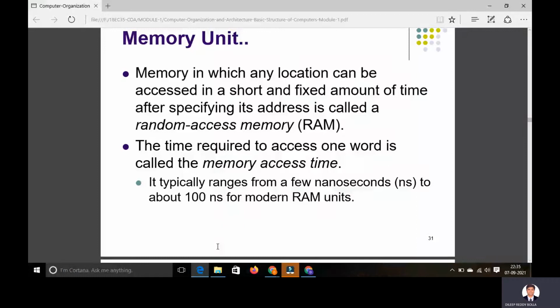This memory access time varies from a few nanoseconds to around 100 nanoseconds in modern computing units. So this is how the memory access time varies within these ranges.